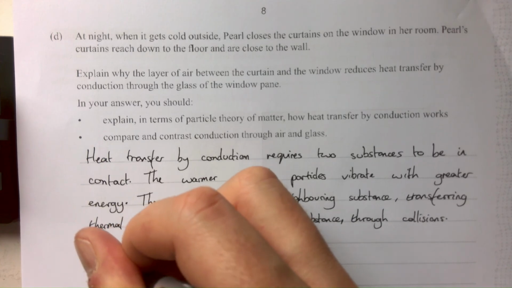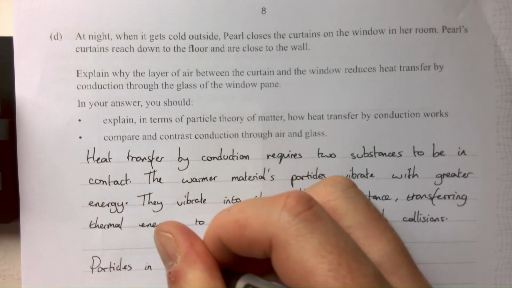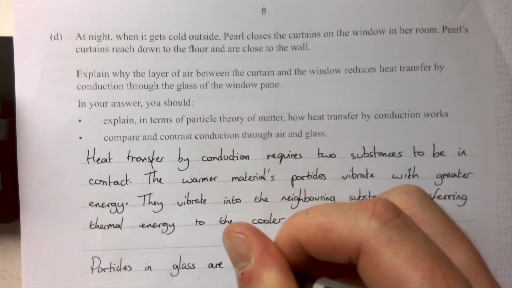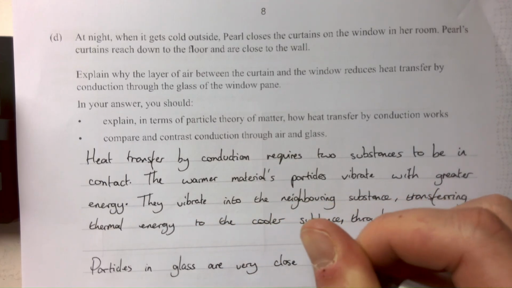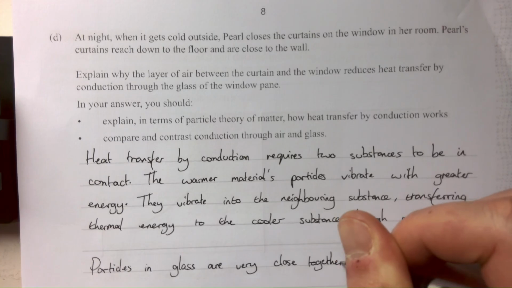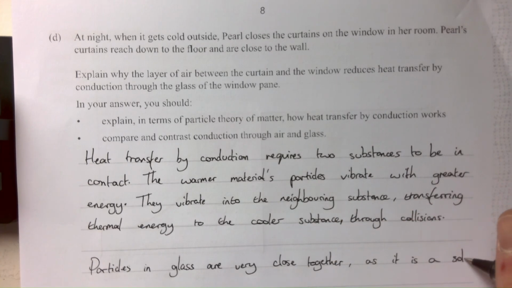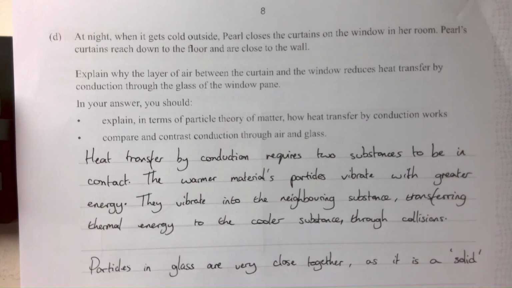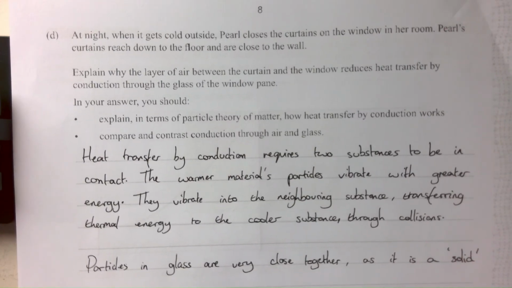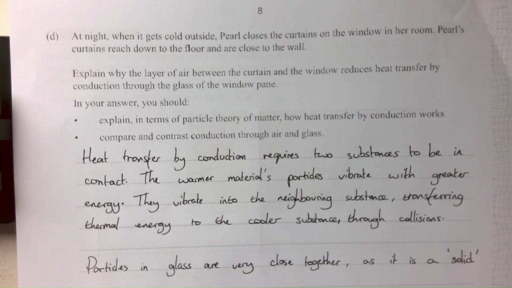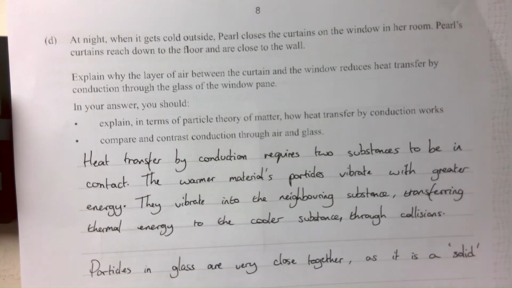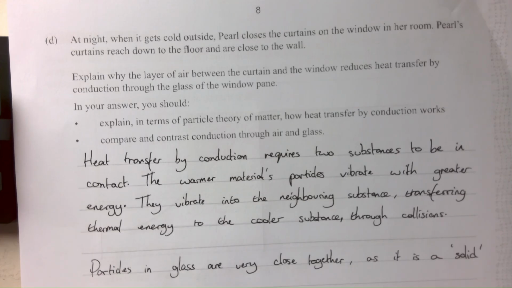Particles in glass are very close together, as it is a solid. Glass isn't actually a solid, it's a very, very viscous liquid, which is why old windows will sometimes sag, but we're going to say it's a solid for all intents and purposes here. Particles in glass are very close together, as it is a solid.